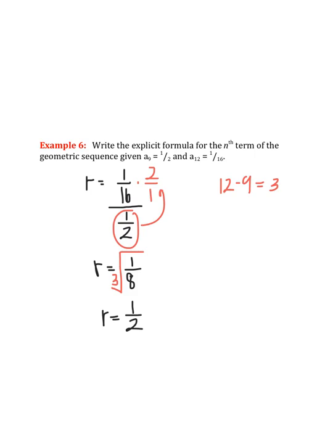Now my issue is I need to figure out what my first term is. I'm going to have to back into that. So I'm going to start by writing my explicit formula: a sub n is equal to my first term times my common ratio raised to the n minus 1 power. I don't know my first term, but I have my 12th term and my 9th term, so I'm going to work with my 9th term.